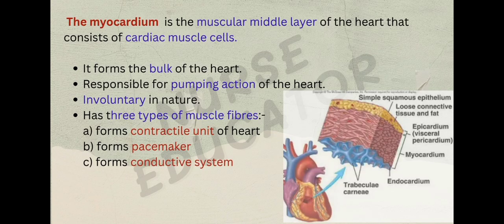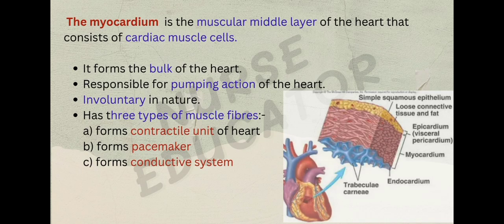Okay, it has three types of muscle fibers. The first fiber forms the contractile unit of the heart. It helps in contraction, the pumping of the heart. The second forms the pacemaker. Pacemaker in the sense it carries the electrical impulses from the SA and AV nodes. And the third forms the conducting system of the heart.